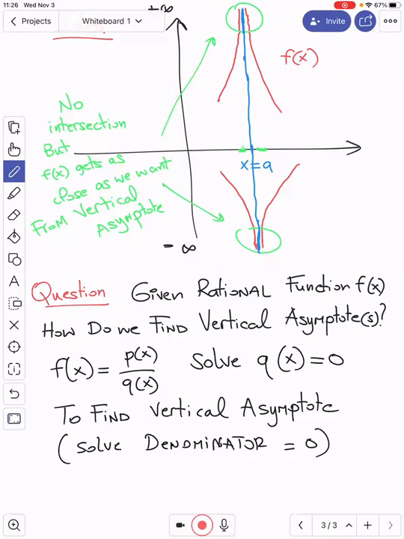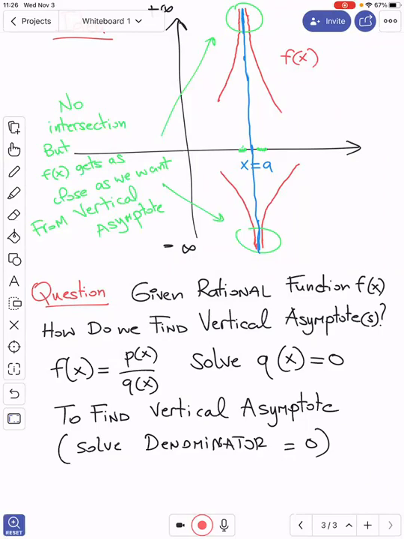Now, for the horizontal asymptote, there's good news. The good news is that you cannot have more than one horizontal asymptote. Either one horizontal asymptote or none.